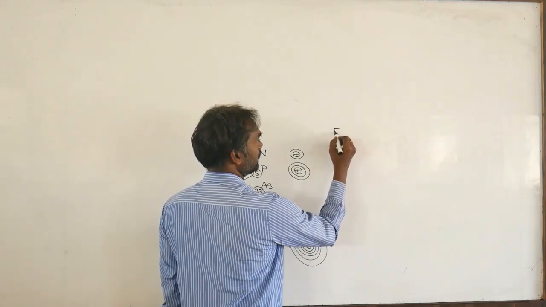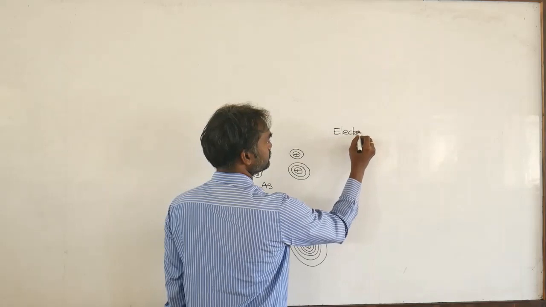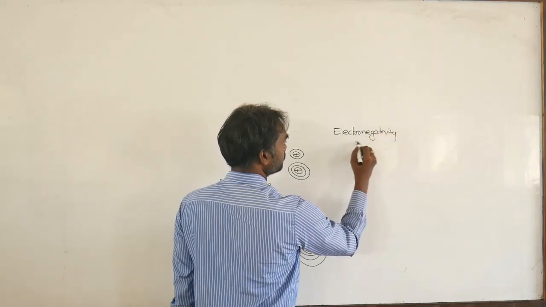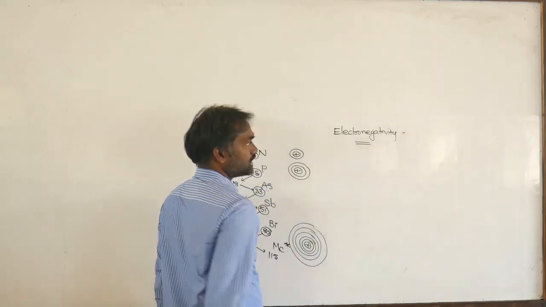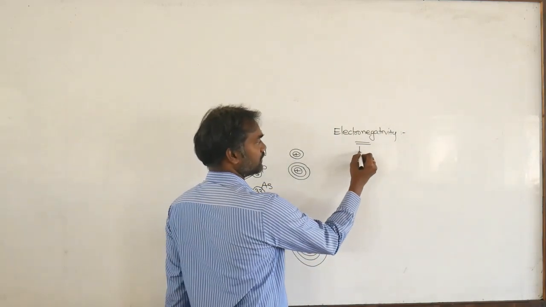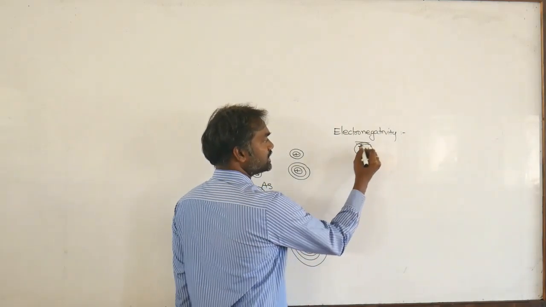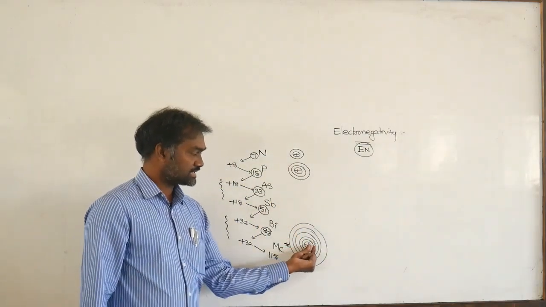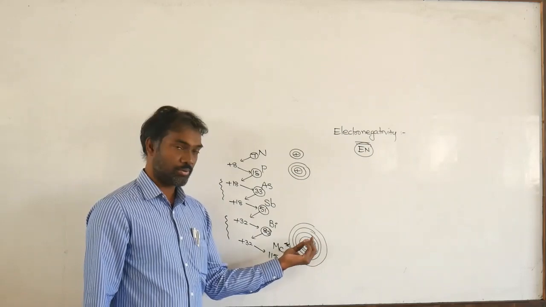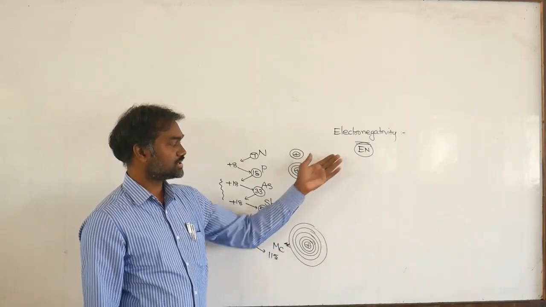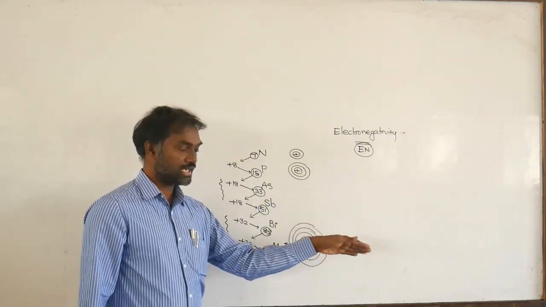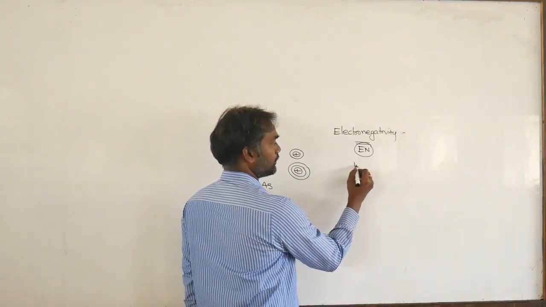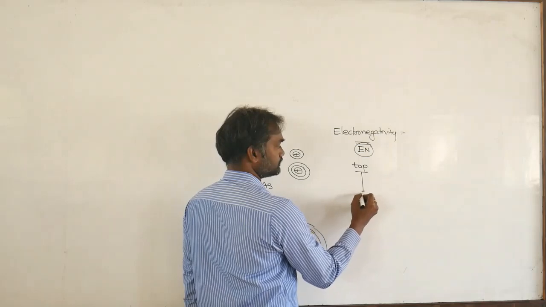Next, electronegativity. See, which one do you call electronegativity? The tendency to attract electrons. So top to bottom what happens? The size increases, nuclear power decreases. So that's why the tendency to lose electrons increases, not attracting them.